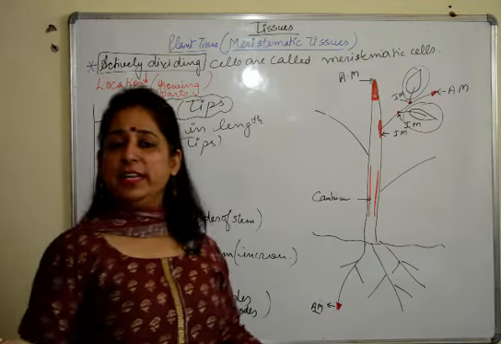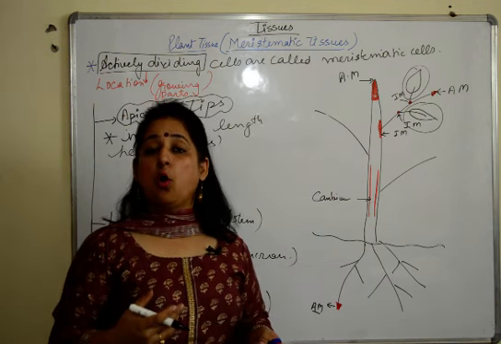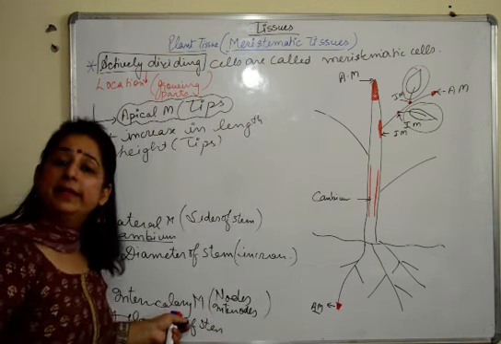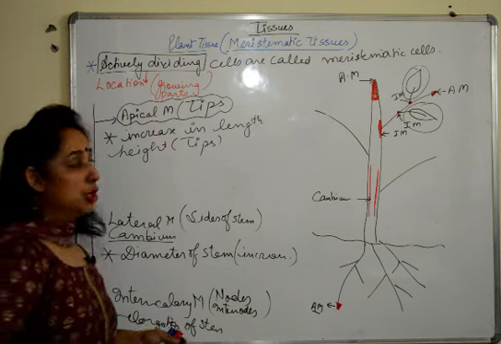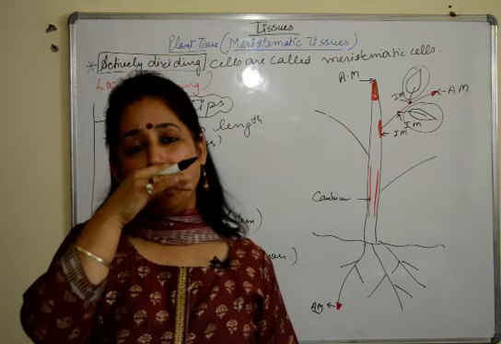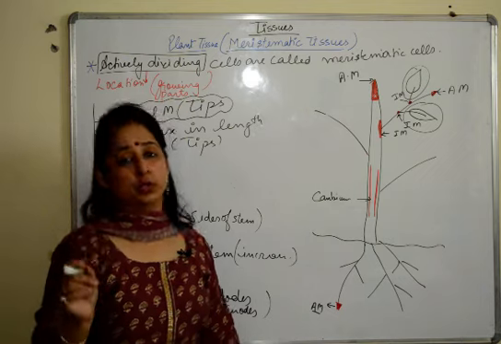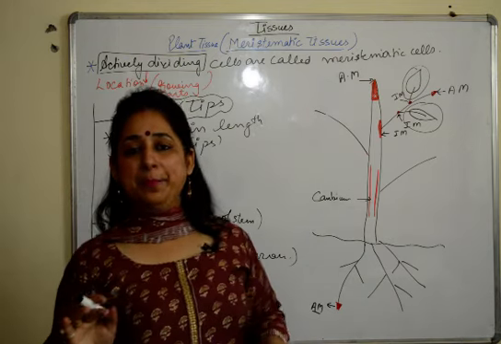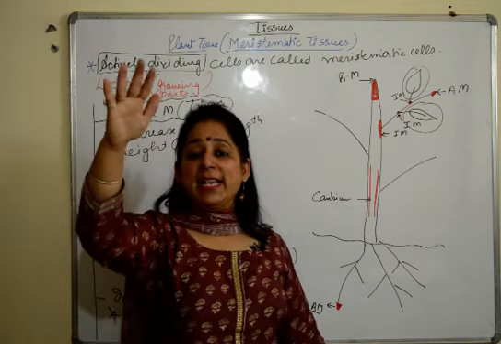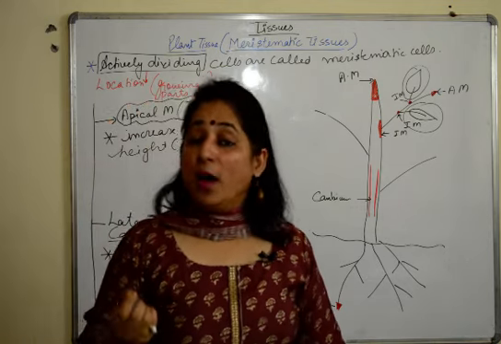Trees shed off the leaves and the leaves grow again. How? Because of this intercalary meristematic tissue present at the nodes. So it helps the leaves to regrow again. So the basic function of intercalary meristematic tissue is regrowth. There is a very common simple example: if you have lawn grass in your lawn and you cut it, it grows after some time. Why?